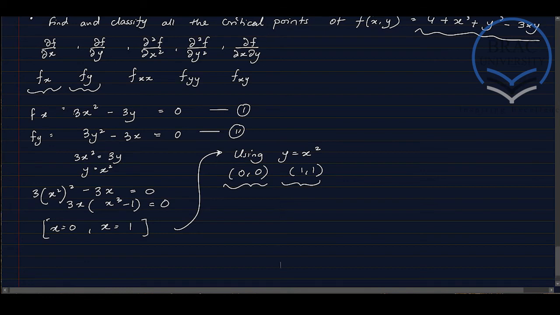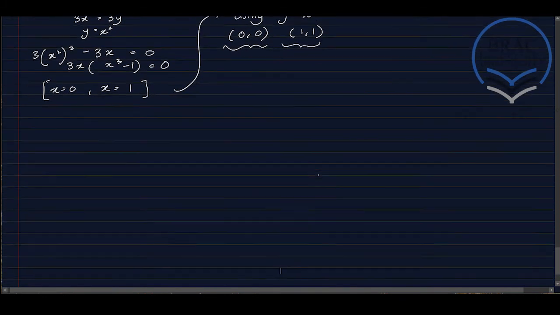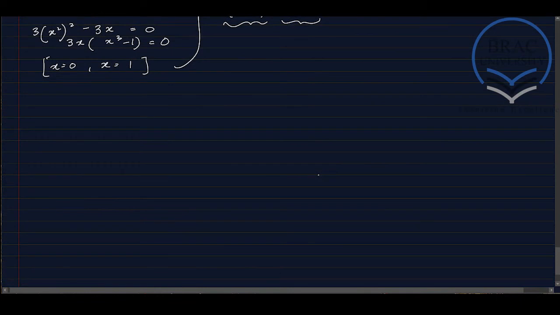Now, analyzing these critical points, let's make a little space over here. For analysis, we need to find the second derivative of the function with respect to x, fxx. This is basically the derivative of the first partial derivative with respect to x, in terms of x.